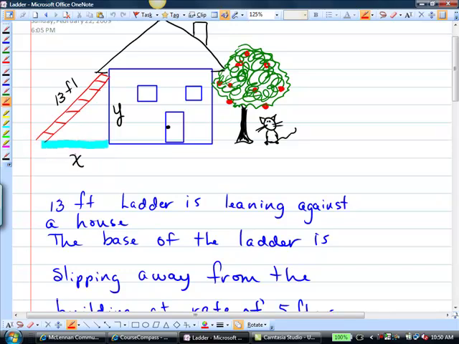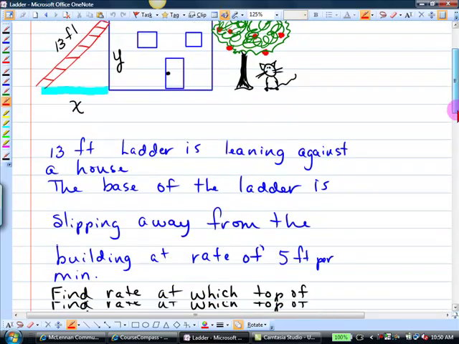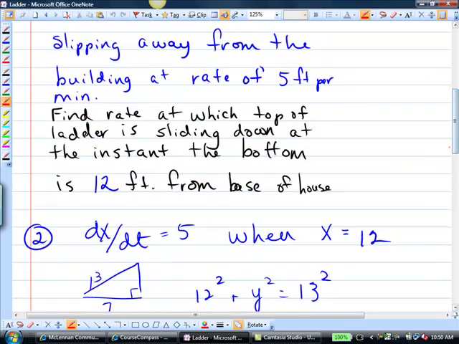Think about it on an xy grid. Here's x, here's y, and we were told the bottom of the ladder was slipping. So x is changing, so that'll be dx/dt. We have dx/dt is 5 when x is 12. That's what we're given.